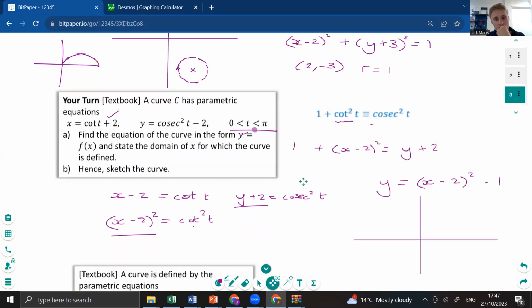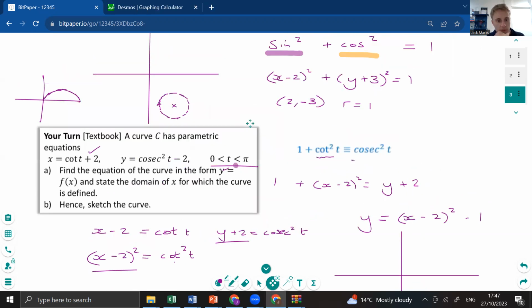I've just realized actually it's not a problem. So the reason why it's not a problem is you can only get positive values from this part, but it's going to be squared anyway. So you're not going to be missing out on any values that you would have had. So this is quite a niche point. But you are going to be able to have the full range of y values that you draw.